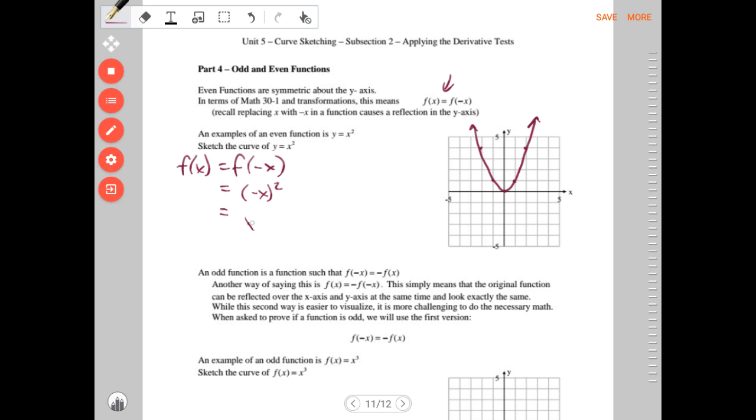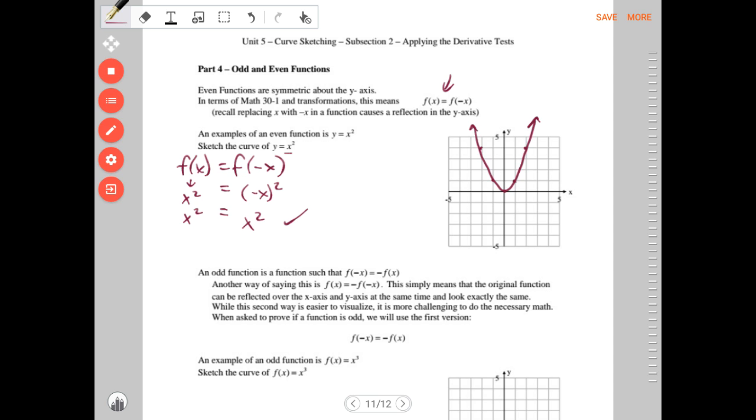Well, negative x squared is just x squared, which is back to the original function again. So that works. I don't know how many people ever get excited about this kind of identities. So if we do it this way, f of x is just x squared, because that's what it was, and then just follow that down. Look, x squared equals x squared, and it works that way.